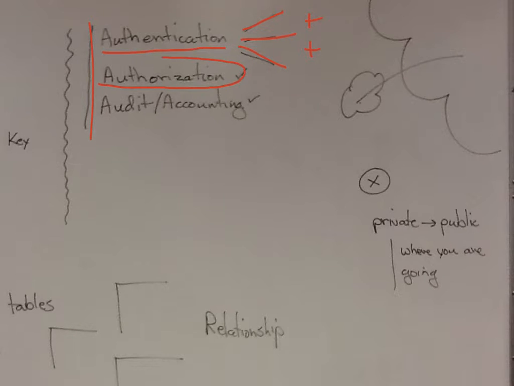Authorization is what you can do to the data. Can you just look at it? Can you change it? Can you send it? All these things, different people are authorized to see which data, who can see what data, and what they can do with it. And then this is all kept track of. So, as I mentioned before, sometimes you'll see it listed as AAA.